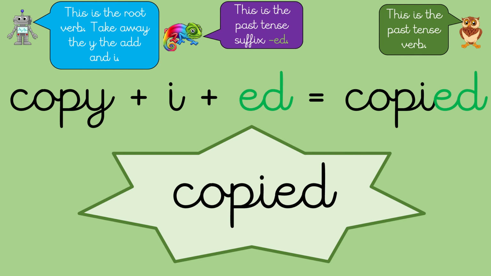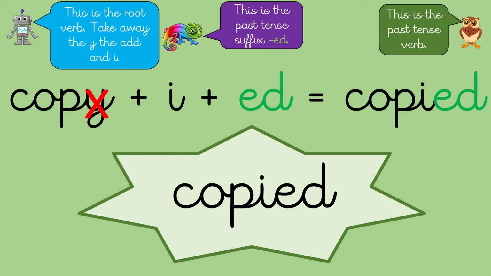Right, have a look at this one. Can you read it, guys? Brilliant. Copy. This is the root verb. Take away the Y and add an I. Then Kathy says, this is the past tense suffix ed. Okay, and Oswald says, this is the past tense verb.